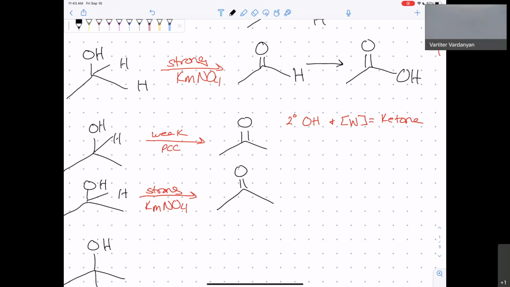It does not matter how strong your reagent is. You only have one hydrogen, so you can only remove one hydrogen. So you can only steal one hydrogen and replace it with a bond to oxygen. I'll let you marinate on that for a second, and then I'll repeat it.